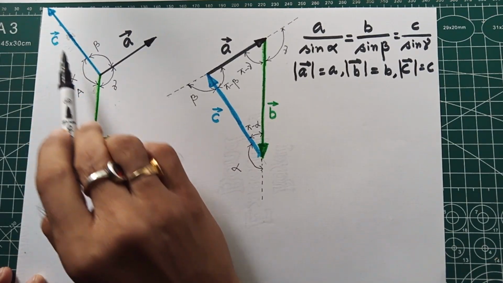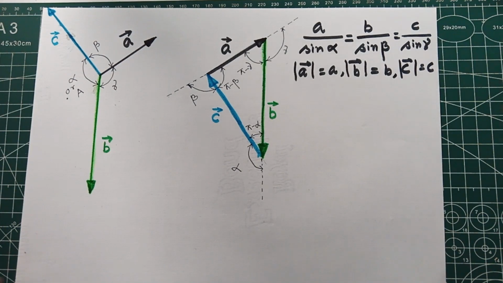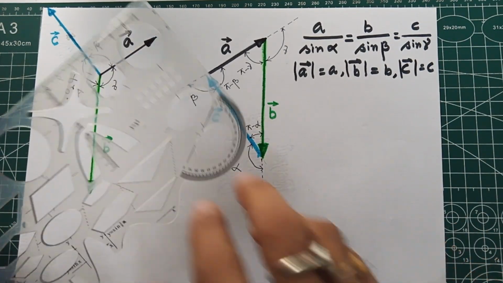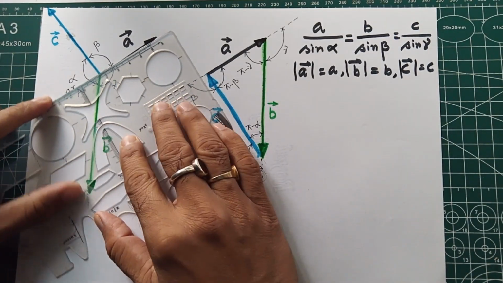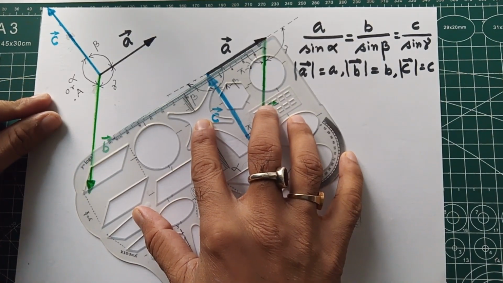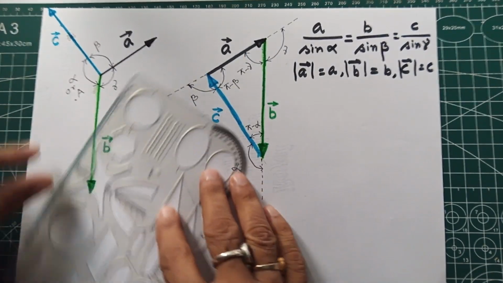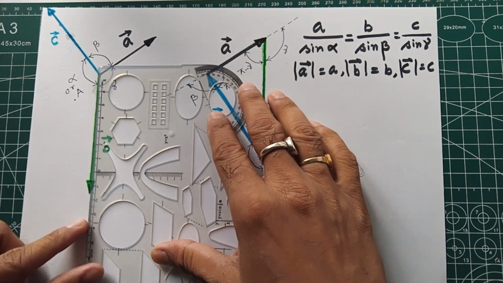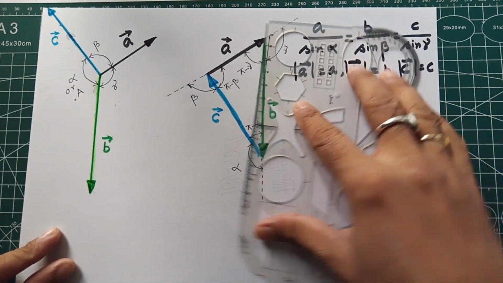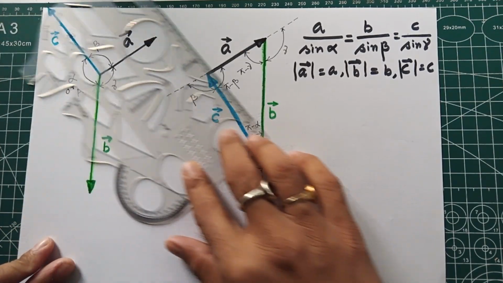Now you will show the triangle also, because they will form a triangle. So it is always best that you show it like this. That means A, draw it parallelly. So A will be this. That means the length is the same as this length. Then B, parallelly shift it, and then C, parallelly shift it.